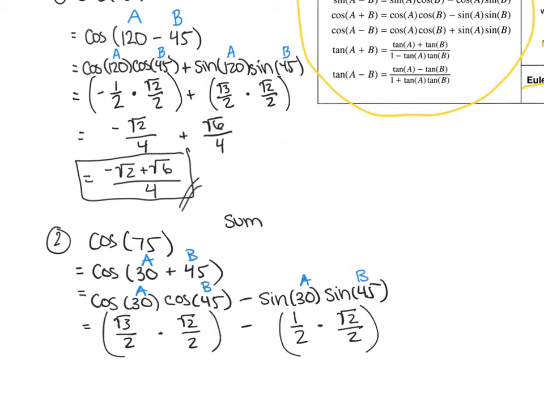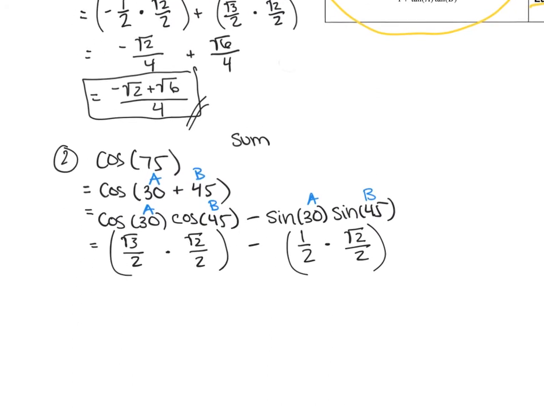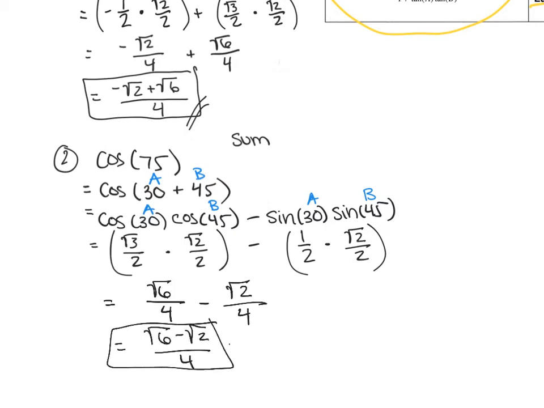So order of operations, we have to do our multiplication first. Square root of 3 times square root of 2 is square root of 6 over 4 minus square root of 2 over 4. And we end up with the square root of 6 minus square root of 2 over 4.